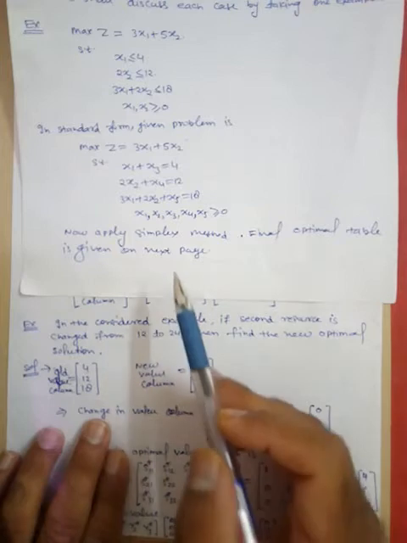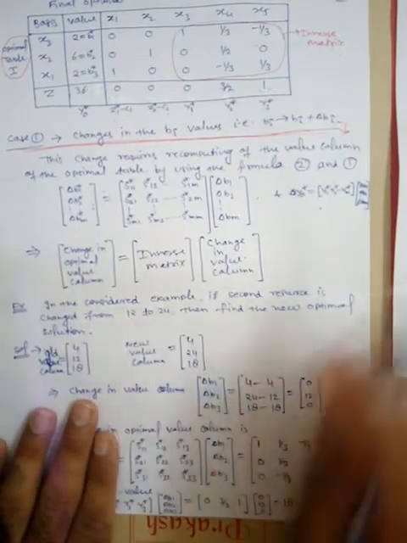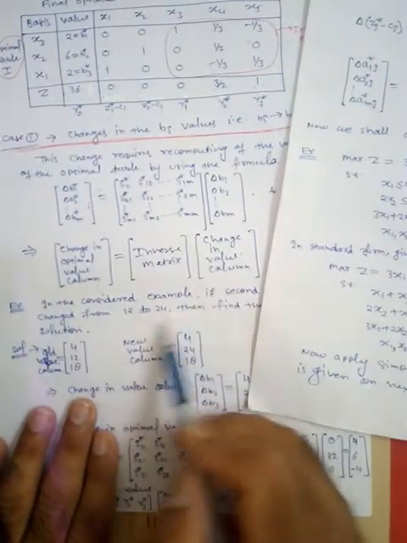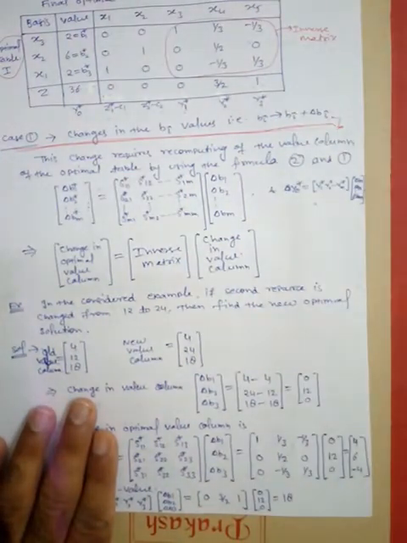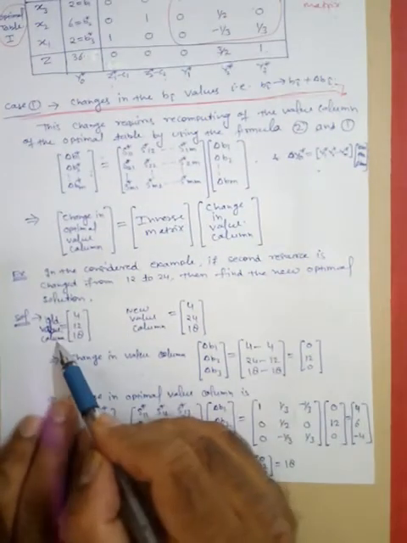We have taken this problem, solved it, and got this solution. Now this 12 is replaced by 24, so what will be the solution? This is the old values column.